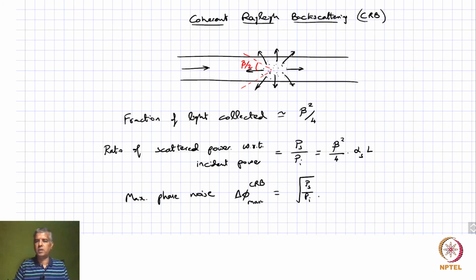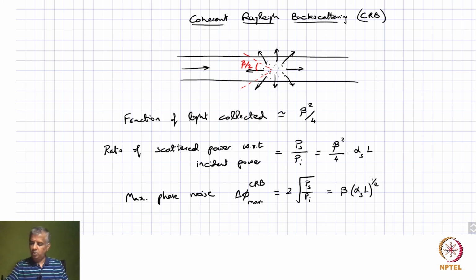So, this is root of Ps over Pi, and because this noise is independently happening for both your clockwise as well as the counterclockwise waves, you can multiply this by 2. Okay. If you plug in this expression over here, you get a beta over 2 because of this. So, you have a beta outside, and then you have alpha s L to the power of half.